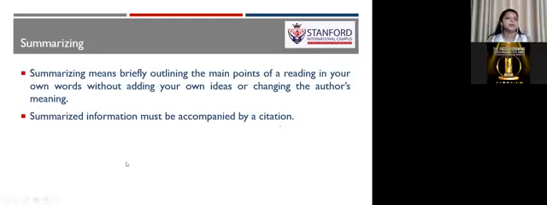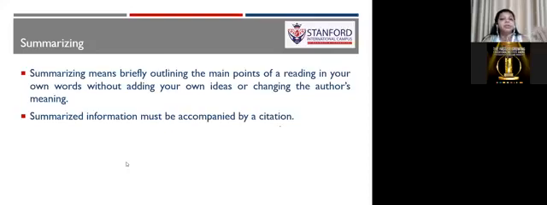Now in summarizing, what you're doing is you are briefly outlining the main points of your reading. So that is one. Summarizing means you are briefly outlining the main points of whatever you are reading by using your own words.